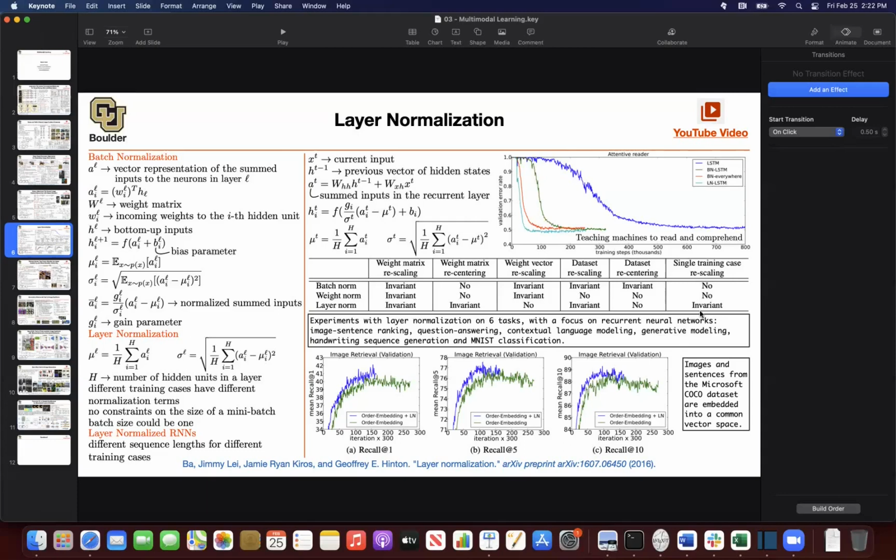Perhaps this one is not a good one to have because of the outliers. Maybe layer norm is going to miss those outliers. Or maybe it's a good thing because it's going to end up being less sensitive to them. But as you can see, there is no free lunch. Some of them have invariances, some of them don't, and they are appearing in different locations.